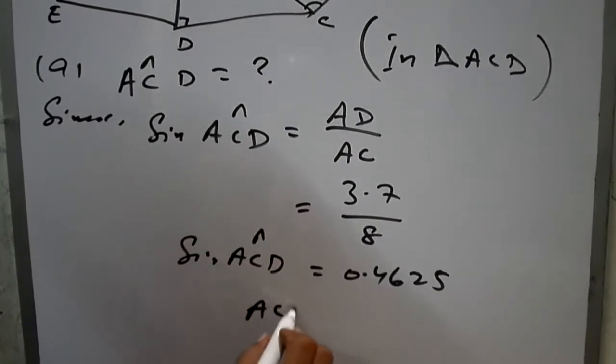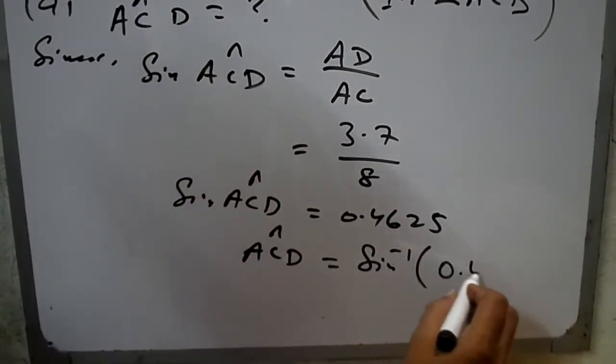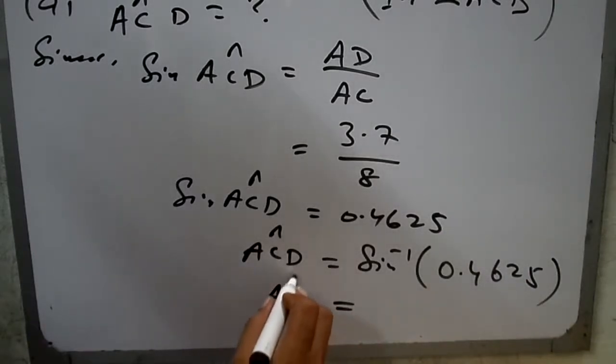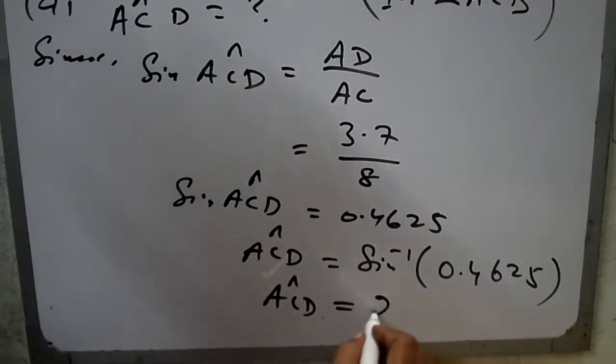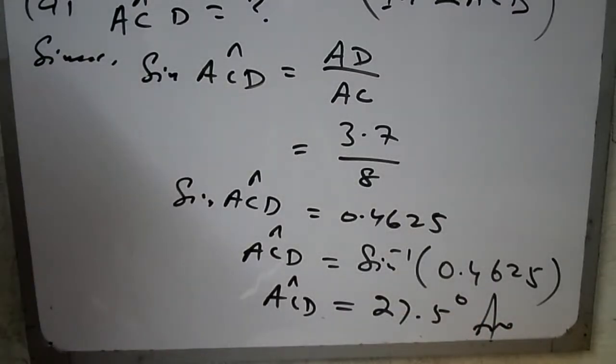So ACD is equal to sine inverse of that, which is equal to 27.5 degree. So here is your first part.